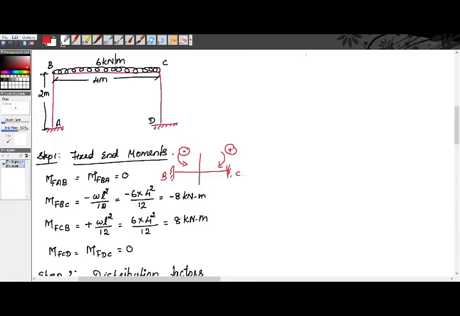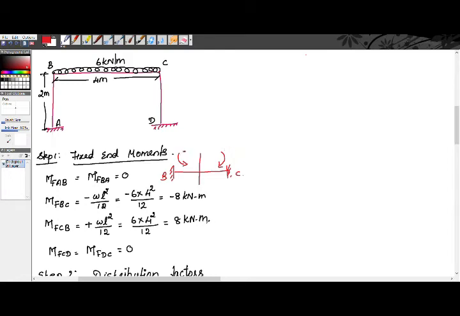So substituting W as 6, L as 4, we get MFBC, fixed end moment at B for the span BC, is minus 8 kilonewton meter, and fixed end moment at C for the span CB is plus WL square by 12. So substituting, we get 8 kilonewton meter.